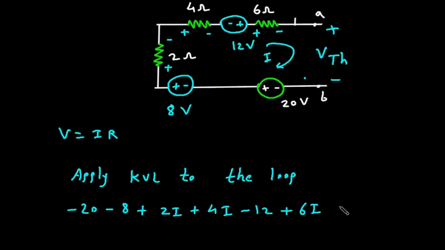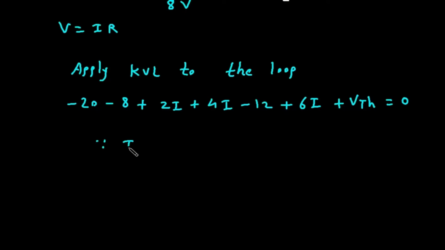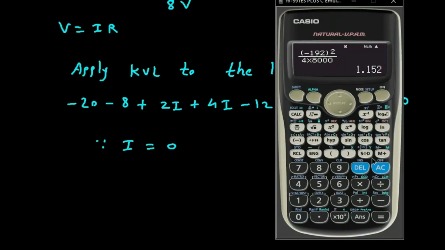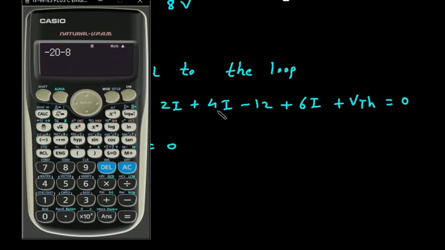then plus VTH is equal to 0. Now here we can see this is open circuited, so this I is equal to 0. Since I is equal to 0, this will be directly minus 20, minus 8, and this will be 0, then minus 12, then it is minus 40.